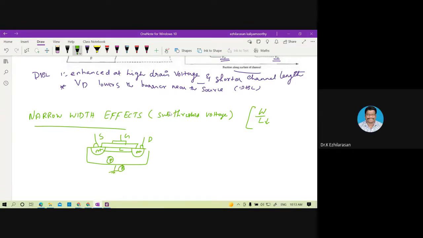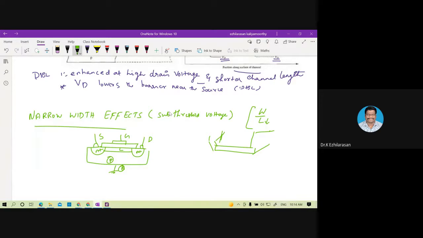Now you can see how it looks from the top. This will be your channel length, correct? Then we'll have the width. The width will be like this. We'll have the width of the channel here.